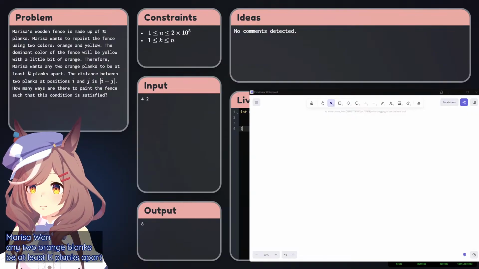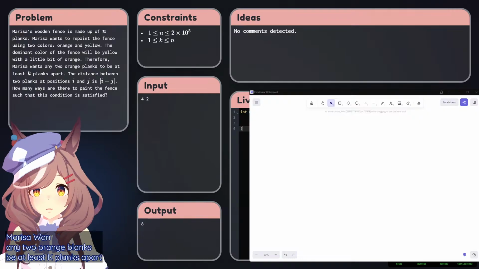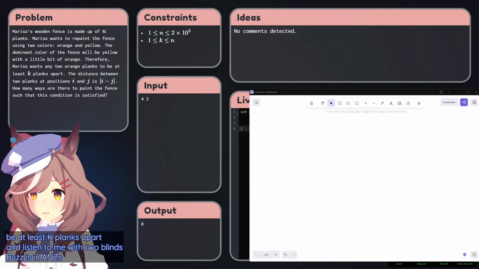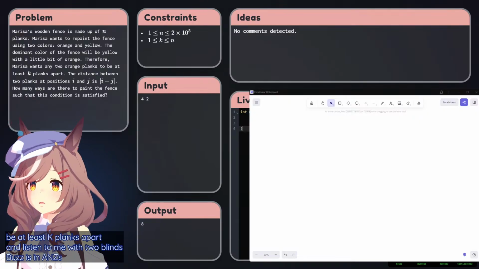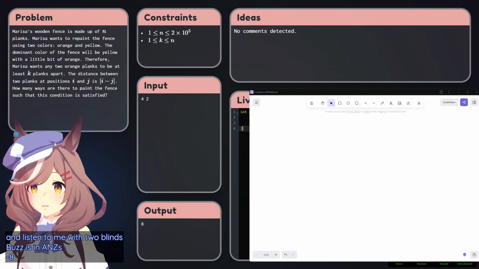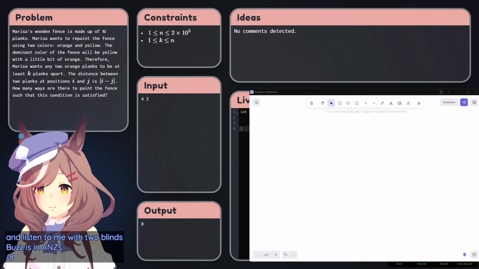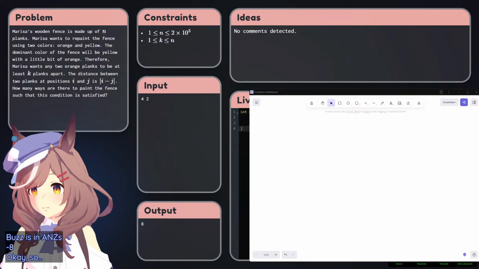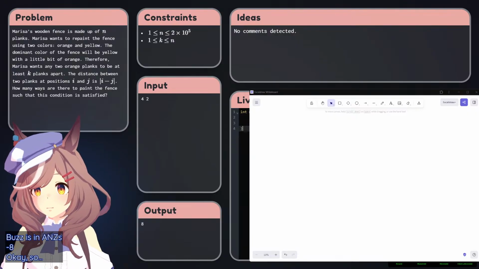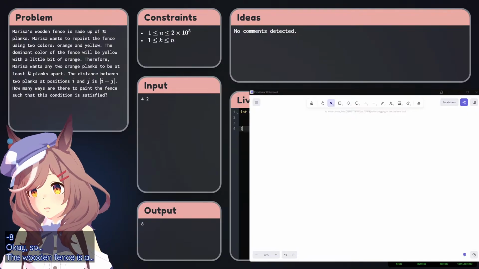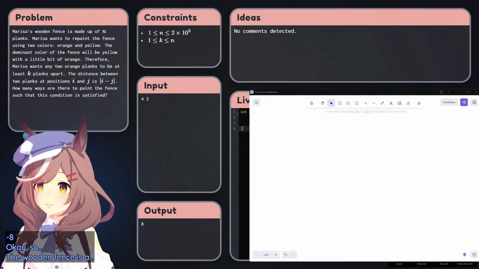The distance between two planks at positions i and z is i minus z. So the wooden fence is a 1D array.